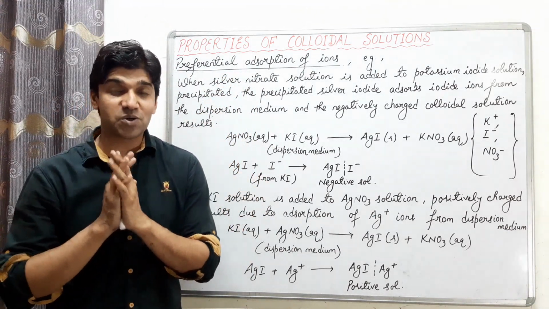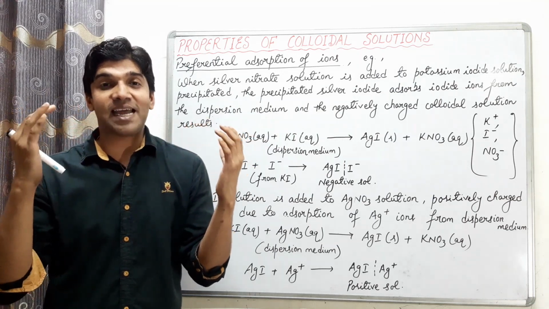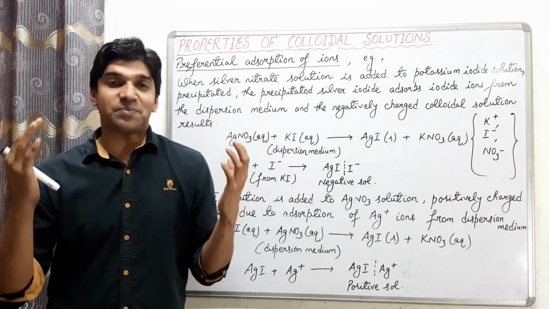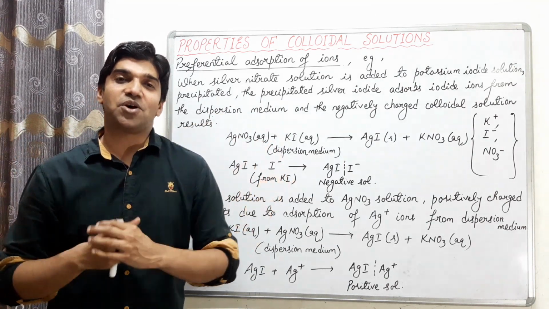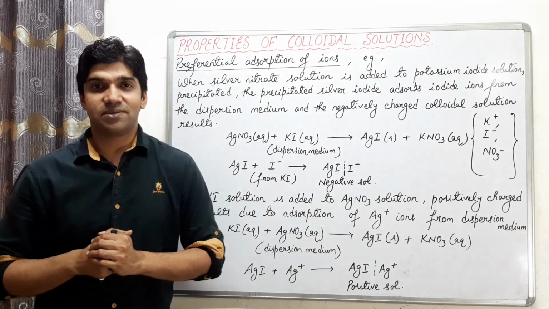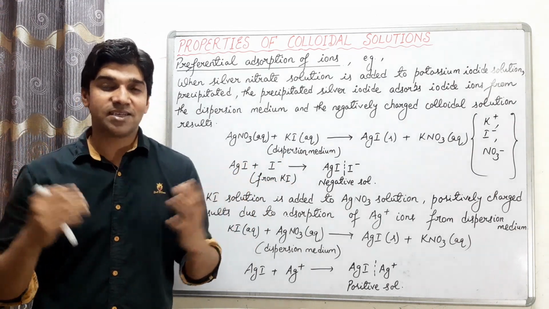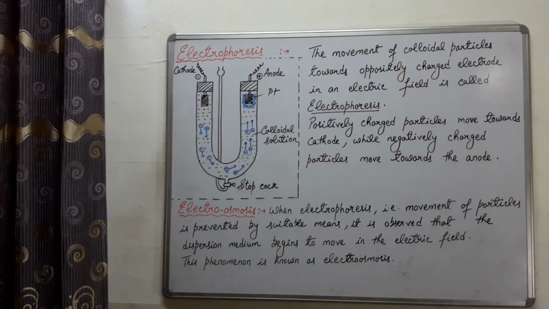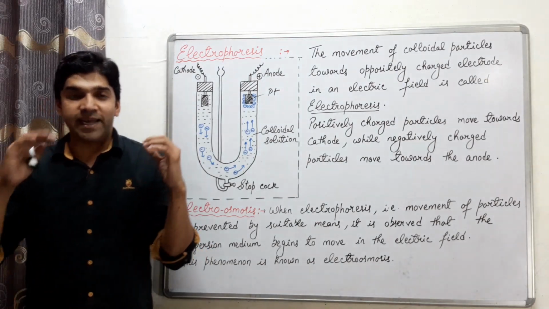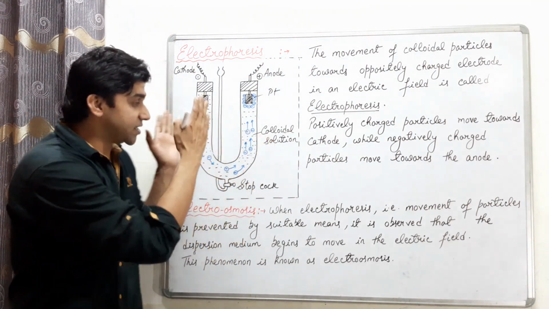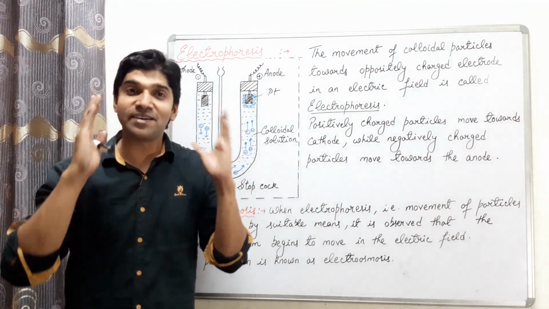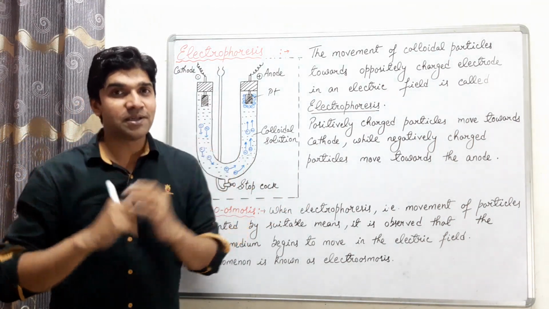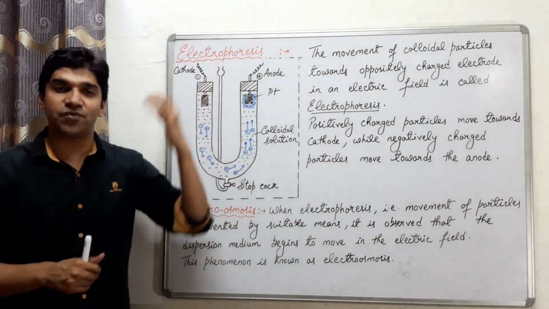Then we'll discuss about electrophoresis and electroosmosis, the different phenomena which can be useful to explain the electrical properties of the colloidal solution. So the existence of the charged particles in the colloidal solution can be confirmed by the experiment of electrophoresis.